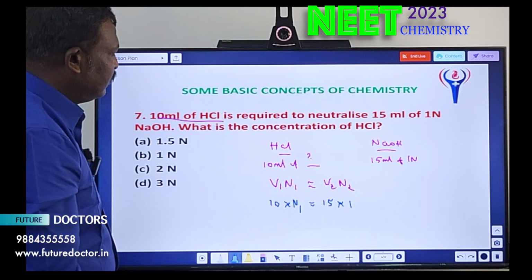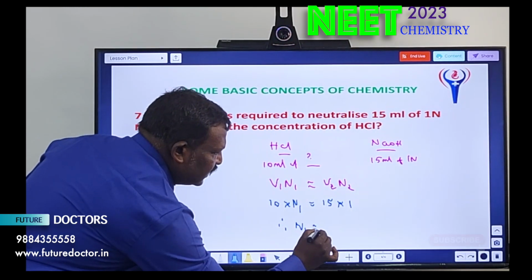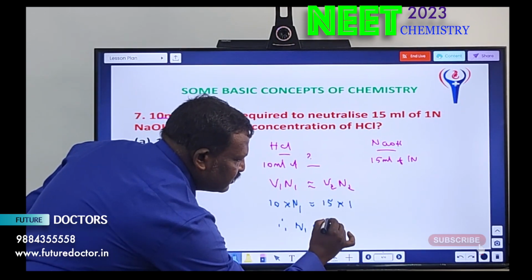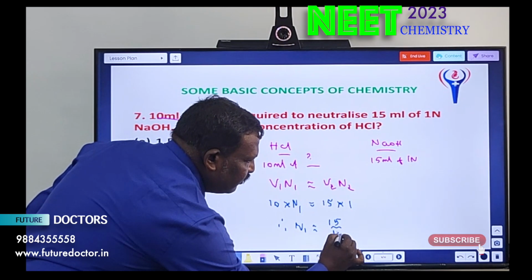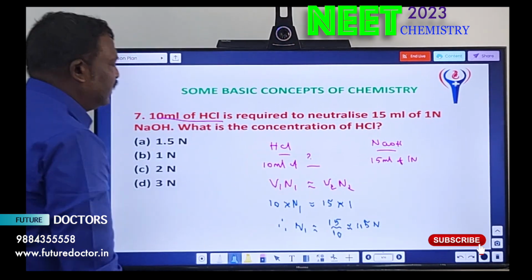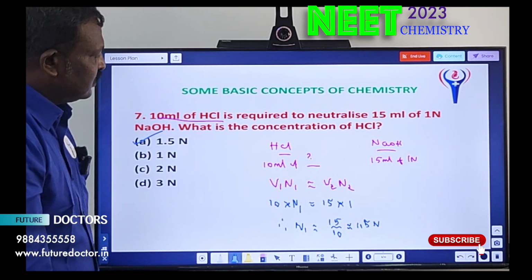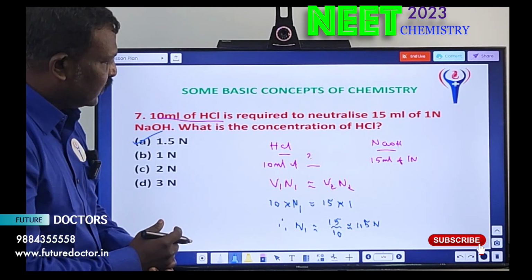Therefore N1 is equal to, 10 goes to that side, it becomes 15 by 10. 15 by 10 means 1.5 normality. Simple sum. Answer A is the correct one. Understood? I hope you understood everything. Okay. Thank you, students.